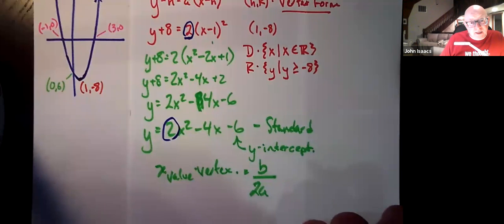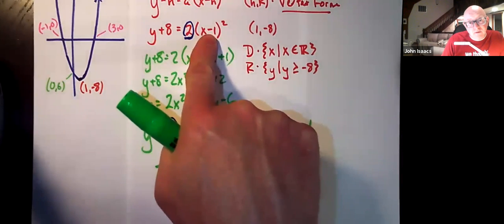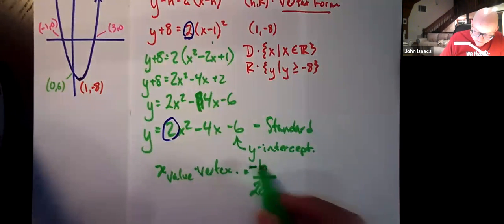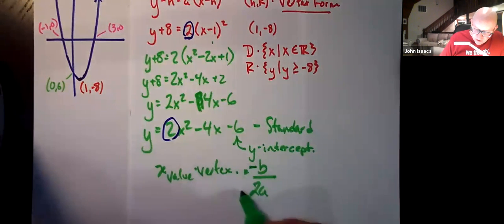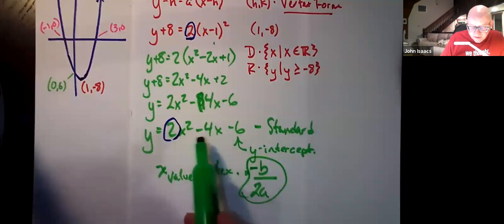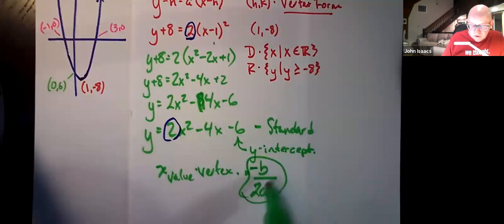So we actually need a negative sign as well. We need an opposite sign, because remember, the x value of the vertex is also the opposite of what we think it is. So that's where the negative comes from. And there we have two things that we can find out from standard form. We can find out the y-intercept easily, and if we take -b divided by 2a, we can also find out the x value of the vertex.